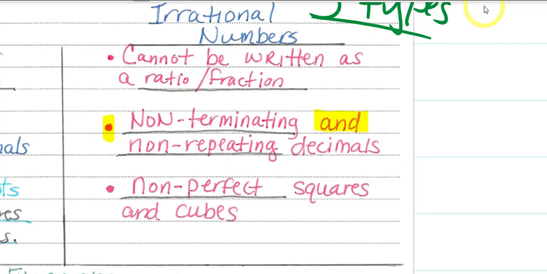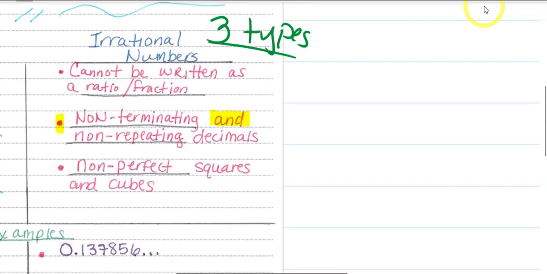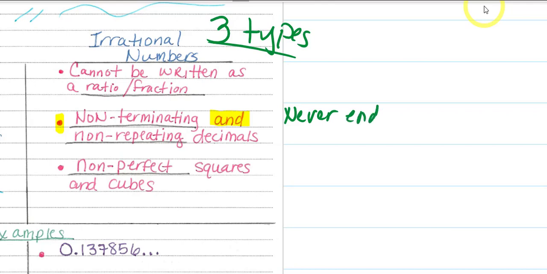So basically, that means that it never ends. Okay, that's what non-terminating means. It never ends. So think about this decimal that's going on forever and ever and ever. It's never ending. But when you look through the numbers, it's non-repeating. So it never repeats.